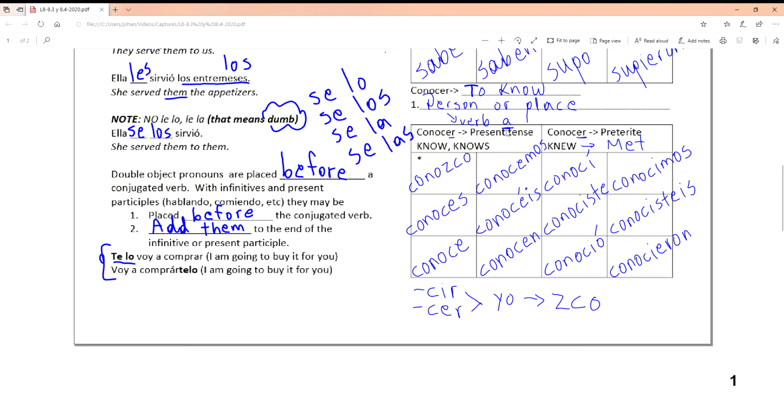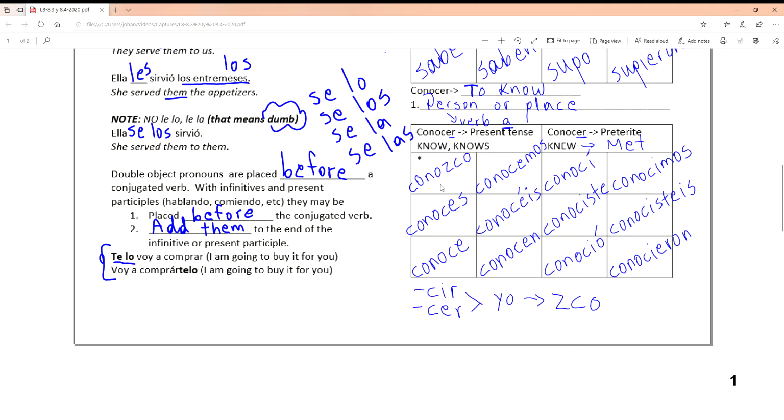And when that direct object is a person, we use the a personal. So if I want to say I know Maria, it's conozco a Maria, because Maria is a person. If I want to say I know a place, let's say Atlanta, then it's conozco Atlanta. The a is not needed because that's a place.